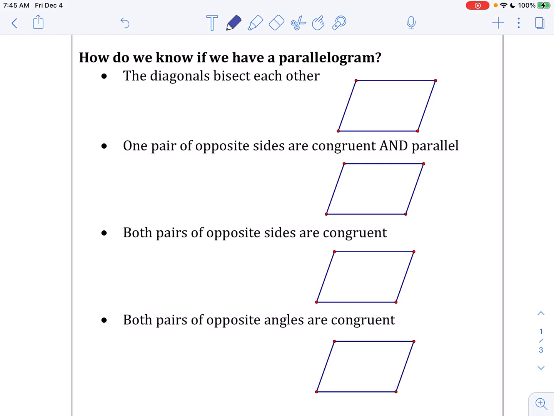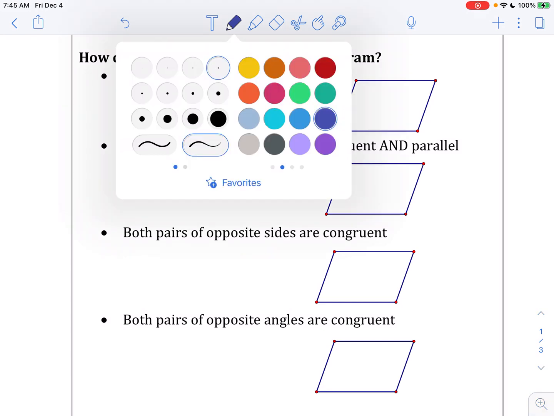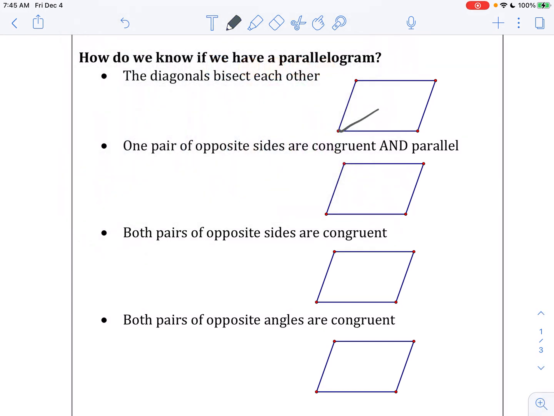Okay, so looking at number one, if we know that the diagonals bisect each other, so remember diagonals connect two non-consecutive vertices. Okay, if this is all we know about a figure, then we can say, yep, it has to be a parallelogram. If we know that one pair of opposite sides are congruent and parallel, if that's all we know, we can say for certain that it is a parallelogram.